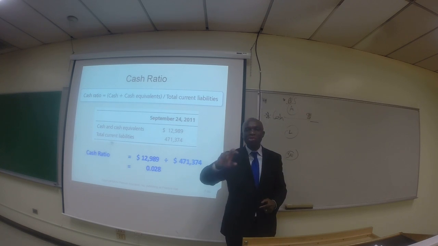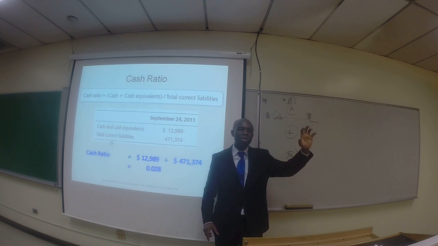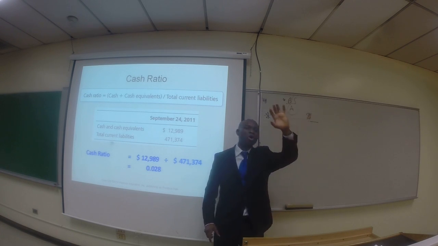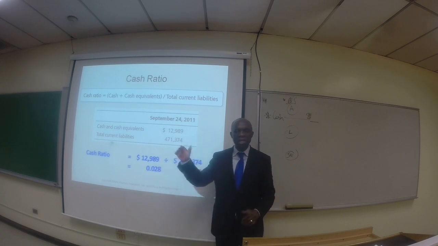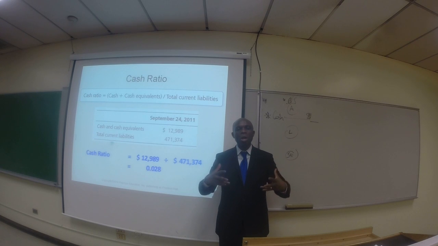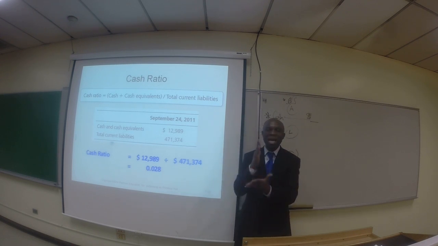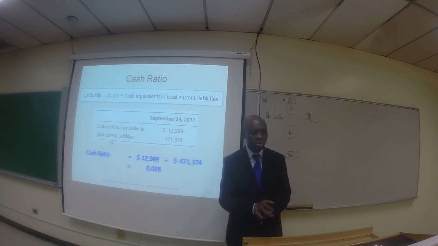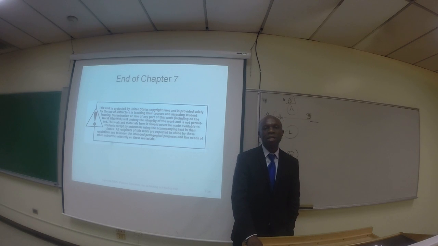Here we are establishing a relationship between cash and current liabilities, unlike the current ratio where we establish a relationship between all the current assets and the current liabilities. In this case, it's strictly cash. So this ratio measures our ability to pay our current liabilities as fast as possible. So here you have it for chapter 7, internal control and cash.